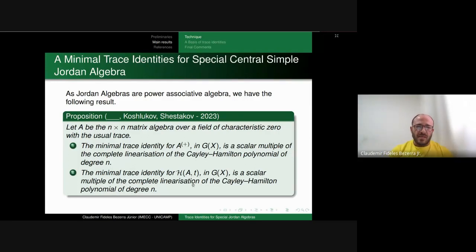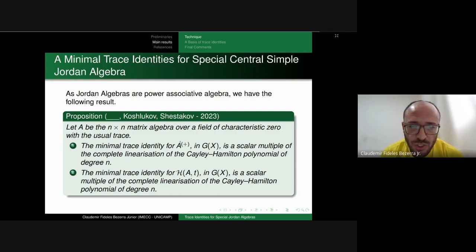The minimal trace identity for the matrix algebra equipped with the Jordan product is a scalar multiple of the complete linearization of the Cayley-Hamilton polynomial of degree n. In this case, we have the minimal degree of the trace identities.